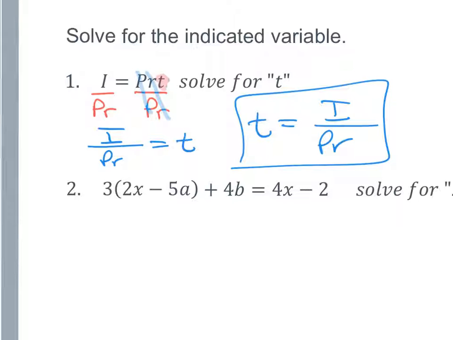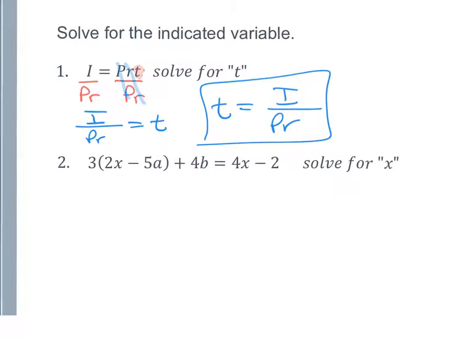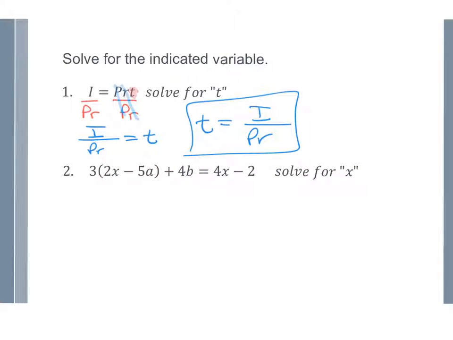The next one, sort of similar to what we did last week. Now, remember last week you were probably given a problem like x plus 3 equals 4x plus 1. So last week when we did this, we could try to move our x's together and get negative 3x plus 3 equals 1.